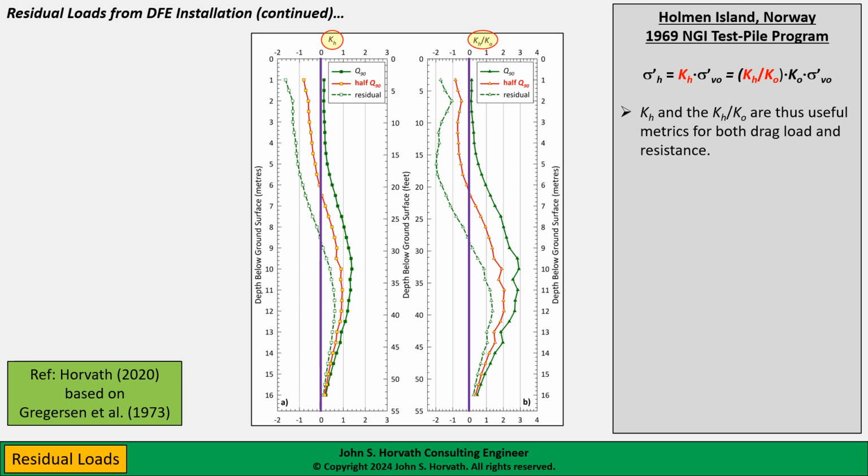So both K_H and even more so the K_H to K_0 ratio are useful metrics for both drag load and resistance, and that's what we see here. So anything on this side with a negative number is a drag load, and this is a resistance.